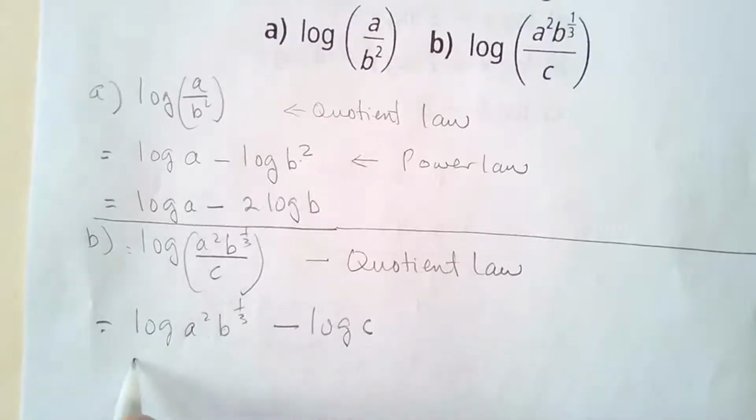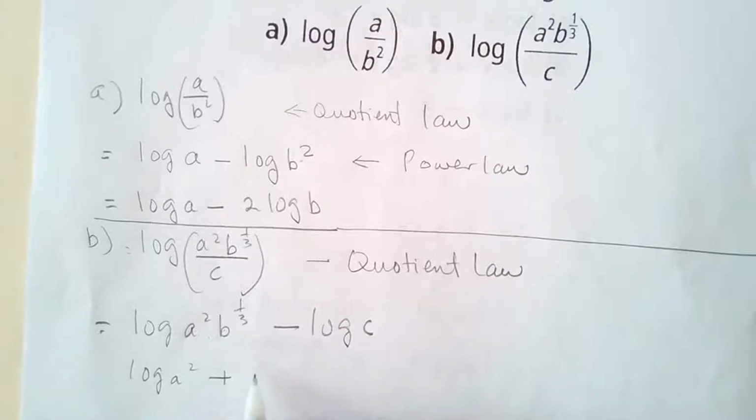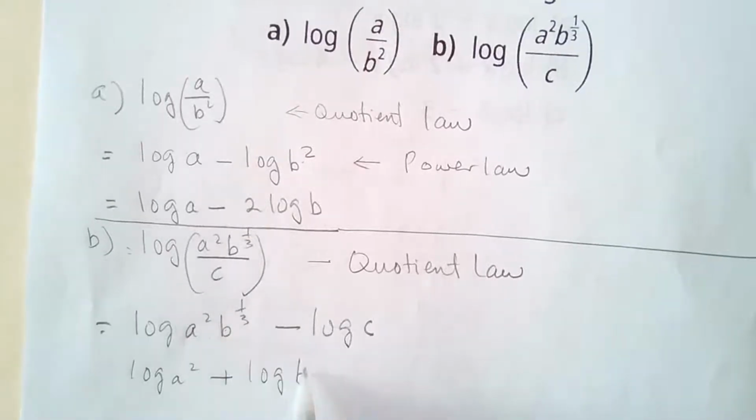So use the product law here. We have log A squared plus log B to the 1/3 minus log C.